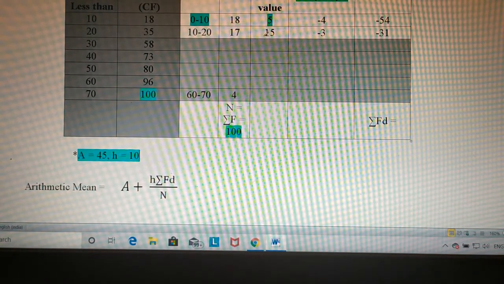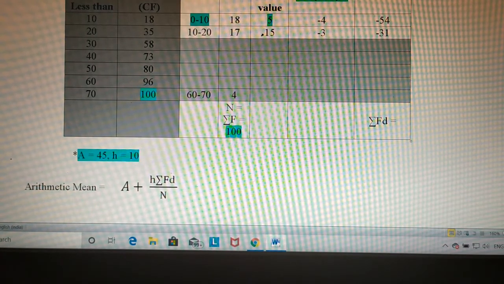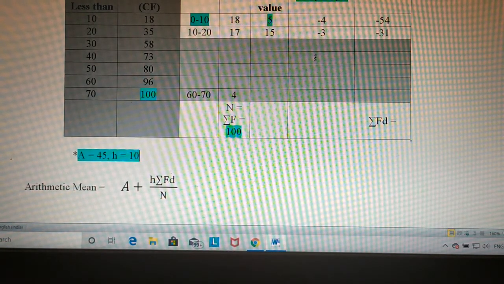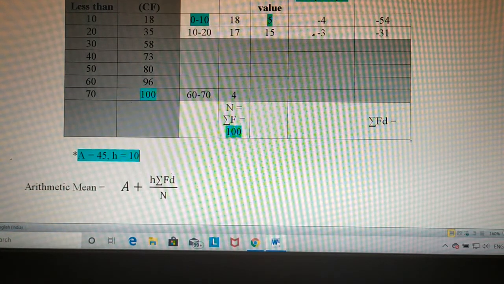Similarly, 15 minus 45 is minus 30, divided by 10, equals minus 3. The other row values will be similar to the previous two rows.